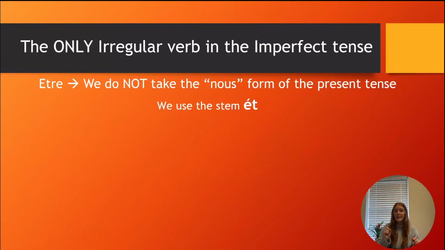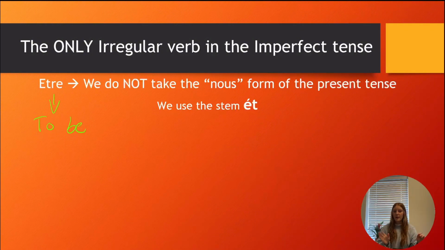There is one exception in the imperfect tense, which we conjugate slightly differently, okay? And that is être, which means to be. That's all that means. Right, and here, when we take the root of the verb, the stem that we add our endings to, we do not take it from the nous form of the present tense.